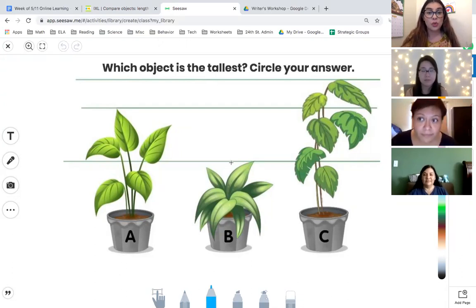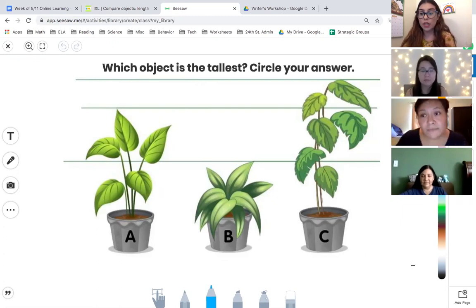So there's always going to be a question on the top, and it's going to say which object is the tallest. Circle your answer. So if we're doing this one together, and I see these 3 plants, which object is going to be the tallest plant? And it's very nice for this picture because they gave you a little guideline. If you can see, they showed you that the top of plant B is right here, but the other two plants, A and C, grew past those lines.